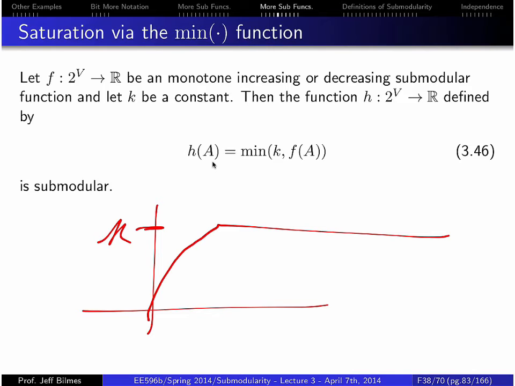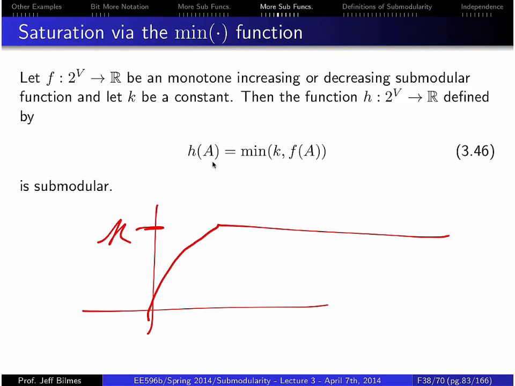Yep, in this diagram. What is the x-axis? Well, in this particular case, the x-axis would correspond to the value of a modular function that's being fed to a concave function corresponding to the min of k and alpha, where alpha is the valuation.